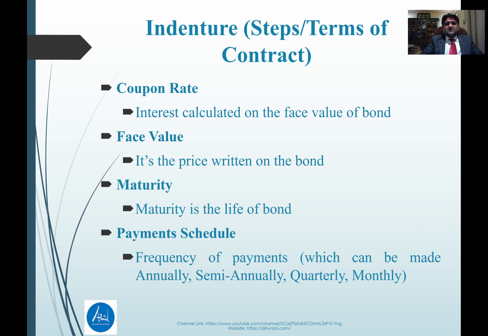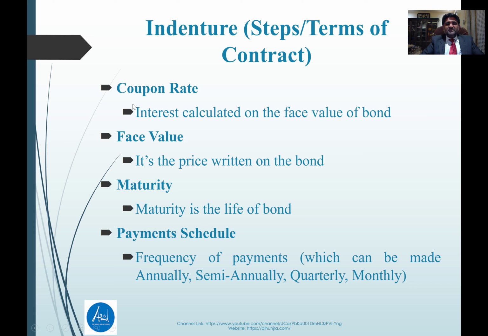Indenture is the terms of contract while a firm issues the bond. Coupon rate is also part of the terms of contract: interest calculated on the face value.